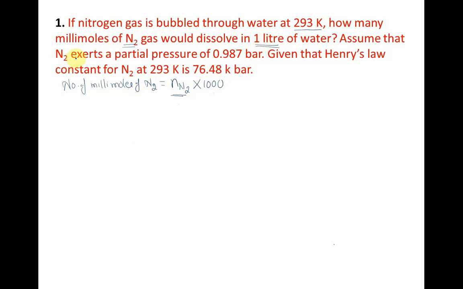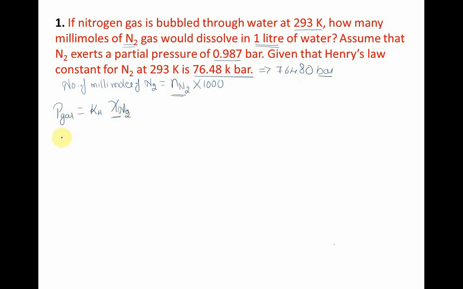Given that partial pressure of nitrogen is 0.987 bar and this one is Kelvin bar, Henry's constant. Here it is bar, Kelvin bar, therefore it is represented as 76480 bar. Now we got an equation. Partial pressure of nitrogen gas is always equal to Kh into solubility or mole fraction of nitrogen. If I calculate the mole fraction of nitrogen, then I can easily calculate the number of moles of nitrogen.